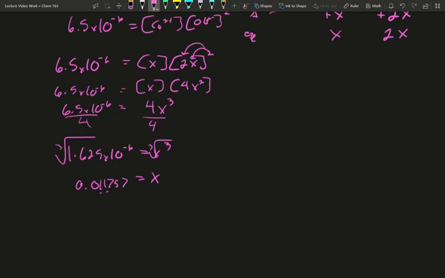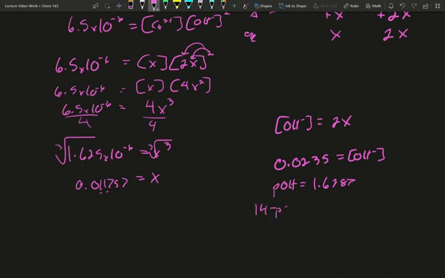Well, that's what X equaled, and our hydroxide concentration was 2X. So twice that, 0.0235, must equal our hydroxide concentration. So we can take the negative log. Our pOH is going to be 1.6287.